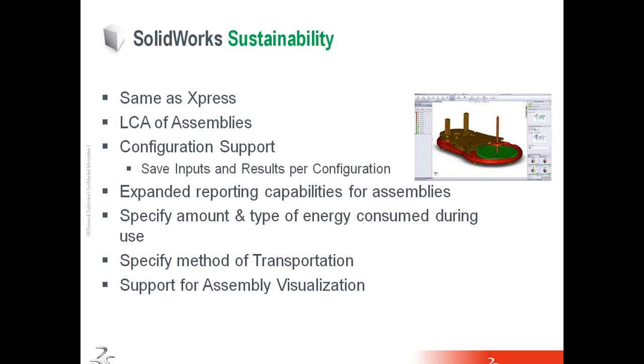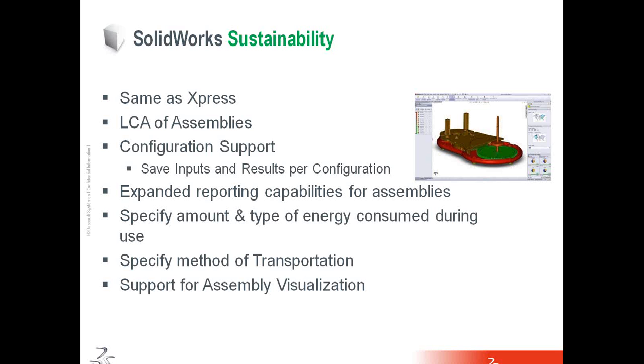Apart from that, you can specify the method of transportation from the manufacturing region to the usage region. This is again very critical when you're talking about manufacturing in, let's say in India, and your product is being exported and used elsewhere, let's say in North America. So obviously there is some environmental impact that is happening during the transport phase of the product.